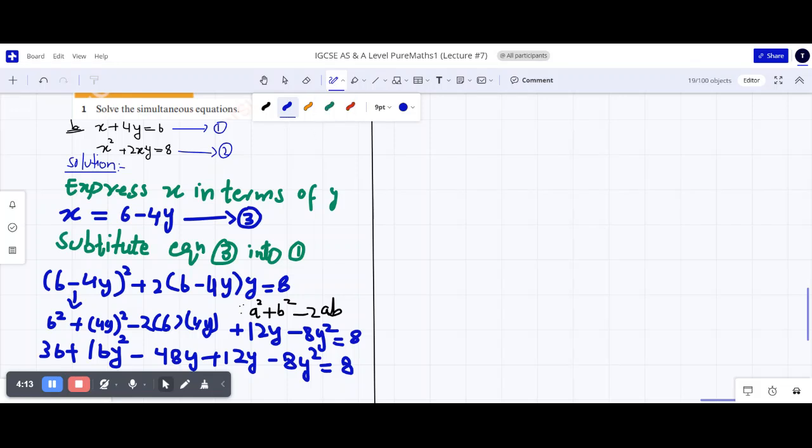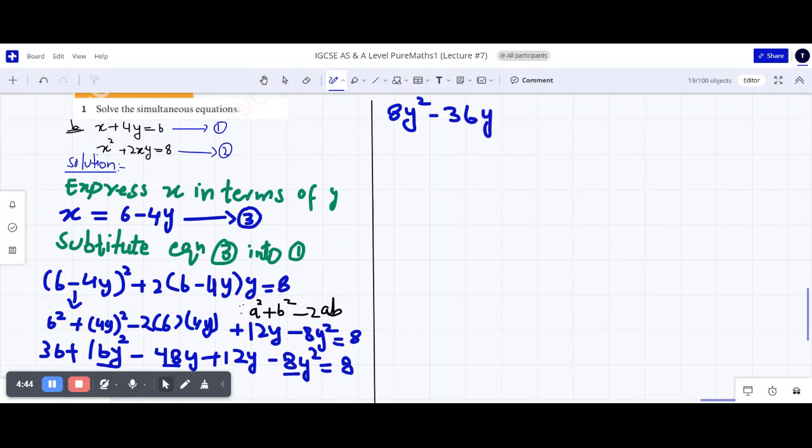Now for further simplification: the two y squared terms are like terms, so 16 minus 8 is 8y squared. Then simplify the y terms: minus 48 plus 12 is minus 36y, because the bigger number has the negative sign.